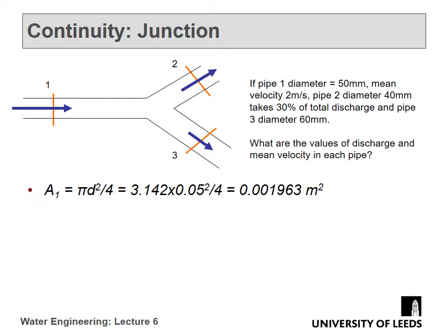So what we want to do from this example is, given the velocity going in, V1, and a diameter D1, we can calculate area 1, and from Q1 equals area 1 times velocity 1, we can then calculate the velocity coming out of the system at V2 and the velocity coming out at V3.